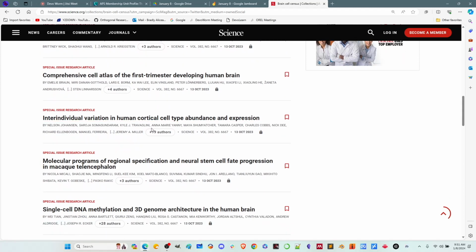So yeah, there's a lot of stuff on development here, a lot of stuff on individual variation. This is where you look at a bunch of humans and see what the differences are between cell type abundance and expression. You can do this in other species as well. In C. elegans, we can do this with different defined genetic strains.